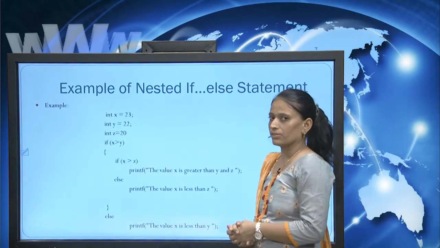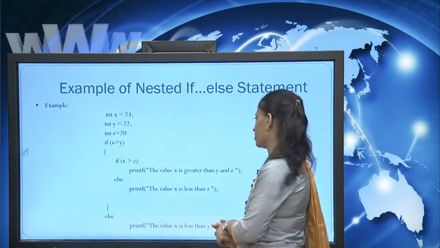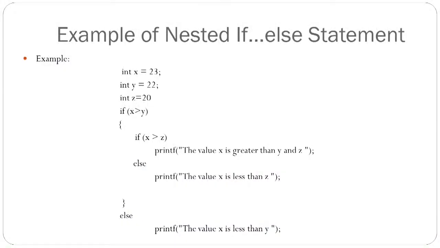Suppose we have three variables and we want to identify whether one variable is greater than the other two or not. For example, we have taken x equal to 23, y equal to 22 and integer z equal to 20. Now we check the condition: if x is greater than y.